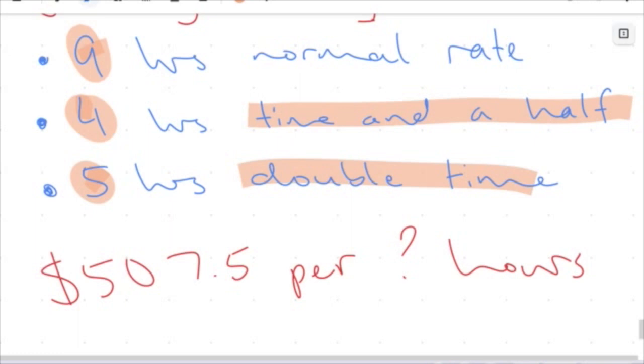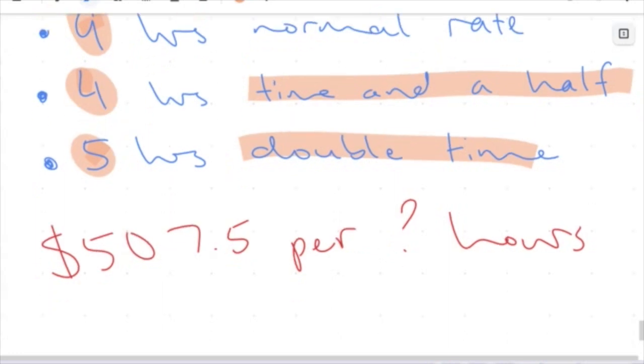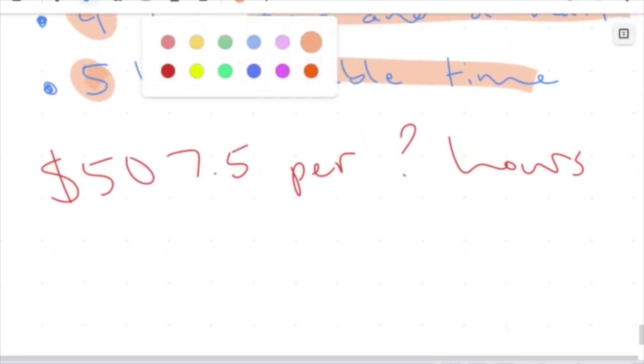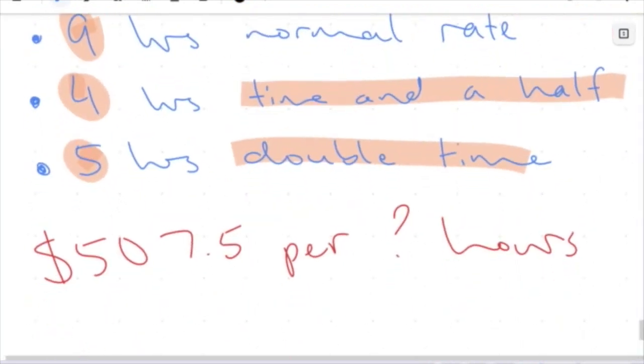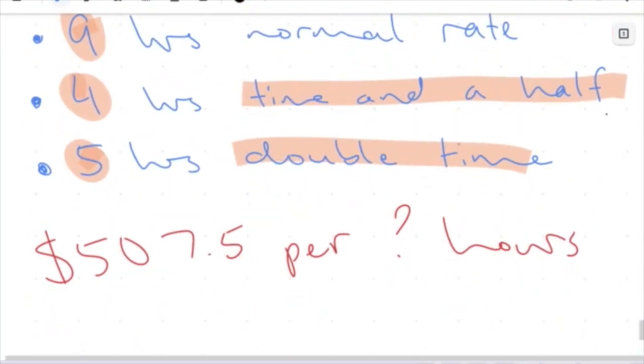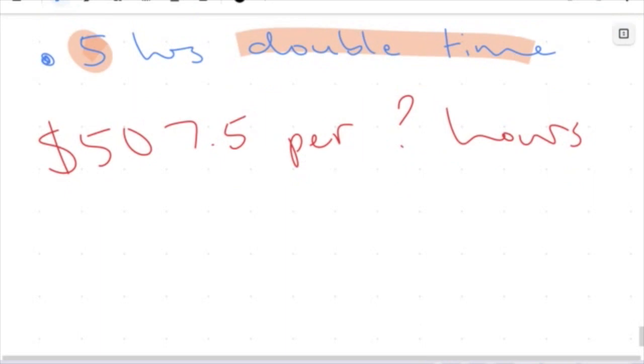So here we can find the total hours worked, or what we call the equivalent hours worked in the week. These hours at your different types of penalty rates, or overtime rates, we can find the equivalent hours worked.